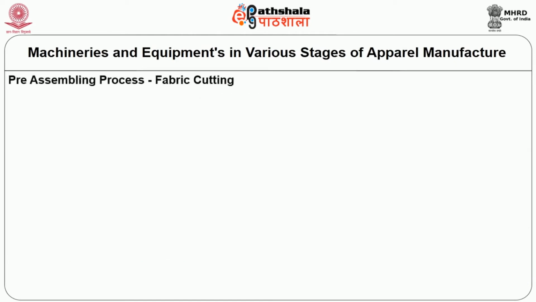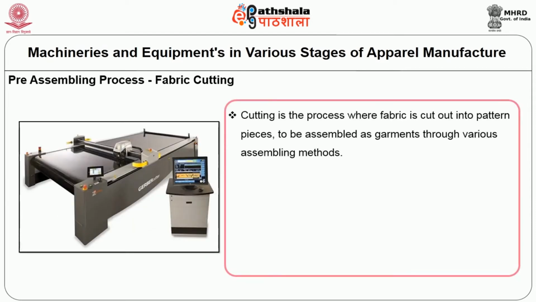The next process is fabric cutting. Cutting is a process where fabric is cut out into pattern pieces to be assembled as garments through various assembling methods. Types of fabric cutting machines: we have semi-automatic or fully computerized, and we have another classification of these cutting machines.